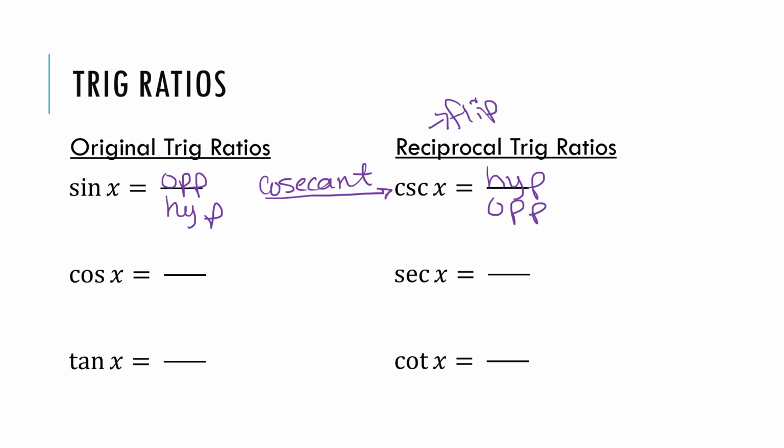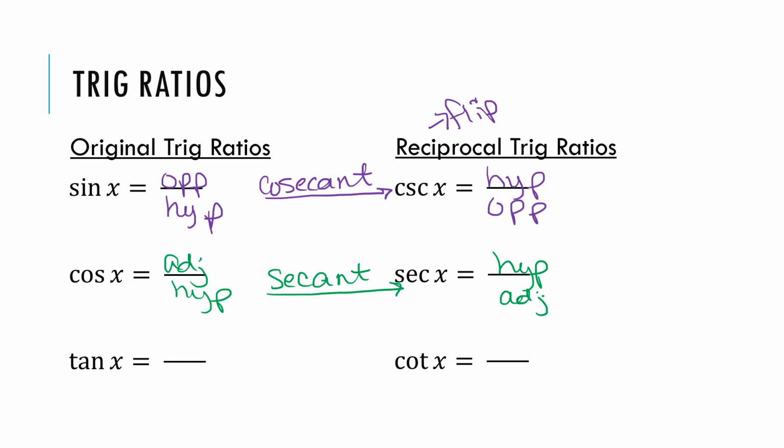We'll look at a picture in just a moment to help us remember what opposite, adjacent, and hypotenuse represent. For cosine, that has a ratio of the adjacent side divided by the hypotenuse. Its reciprocal is secant, and secant's ratio will be hypotenuse divided by adjacent.